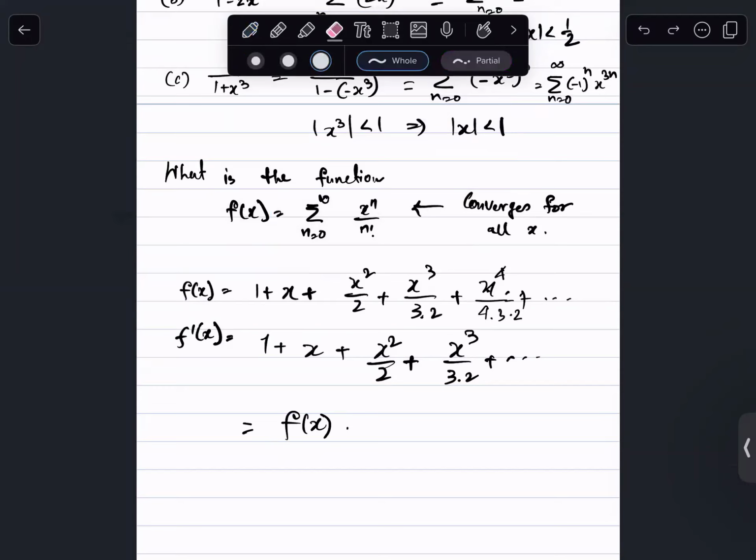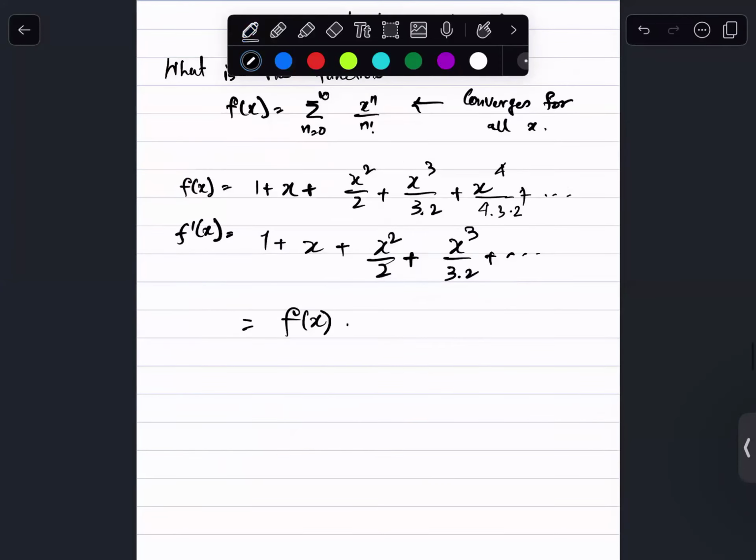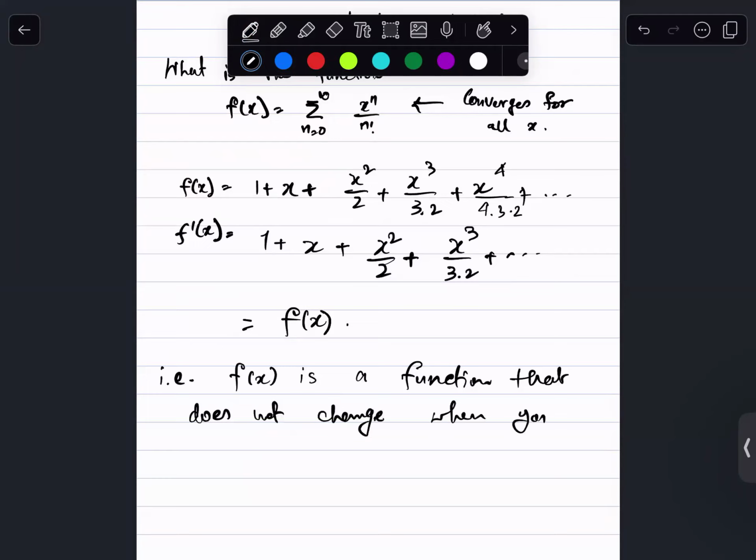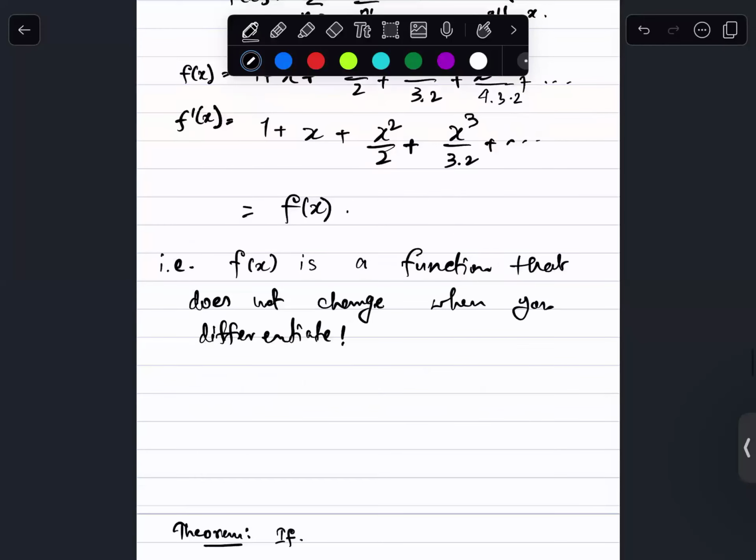Do you remember any known function which behaves like this? A function that doesn't change under differentiation.